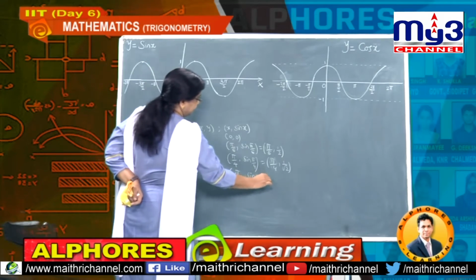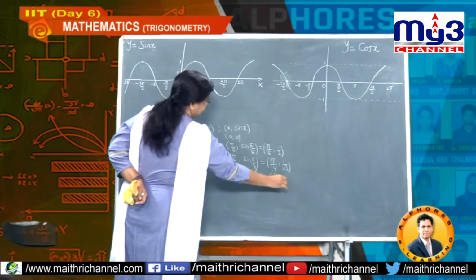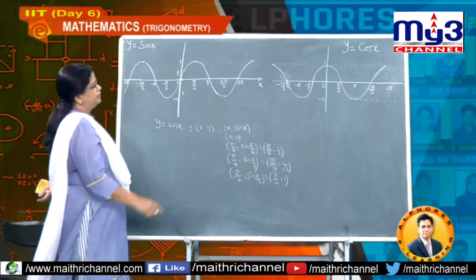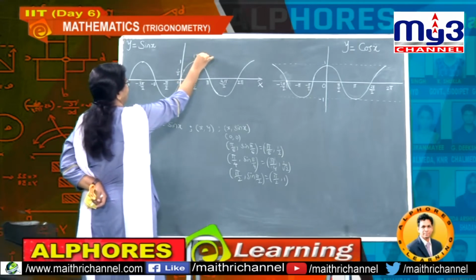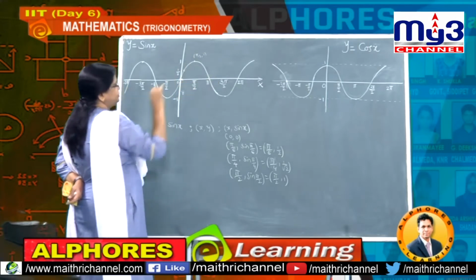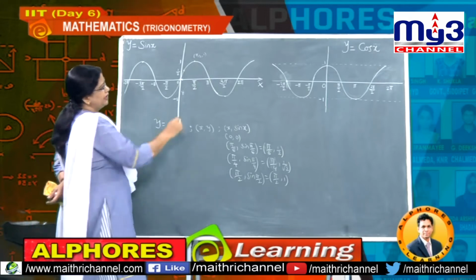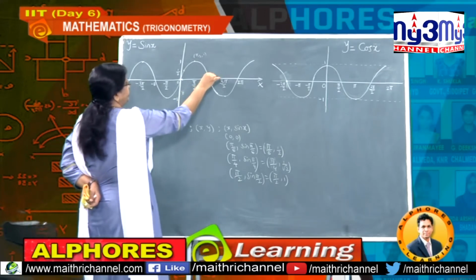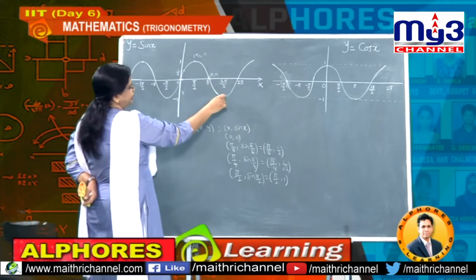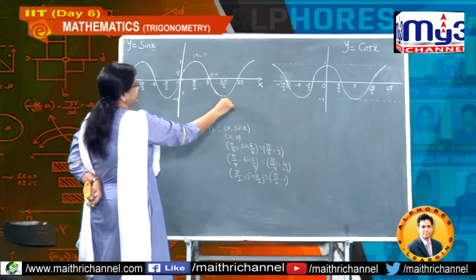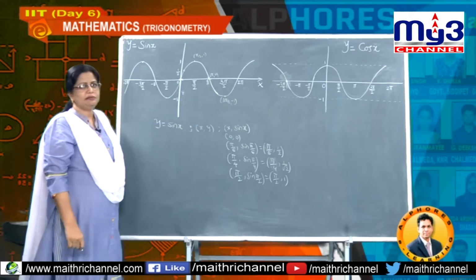Sin pi by 2, that is pi by 2 comma how much? This value 1. So this value is here pi by 2 comma 1, and next other value if I take pi, if I substitute it is 0, sin pi value 0. So this is the point pi comma 0, and next if you put 3 pi by 2 it is minus 1. So when x is 3 pi by 2 y value is minus 1.